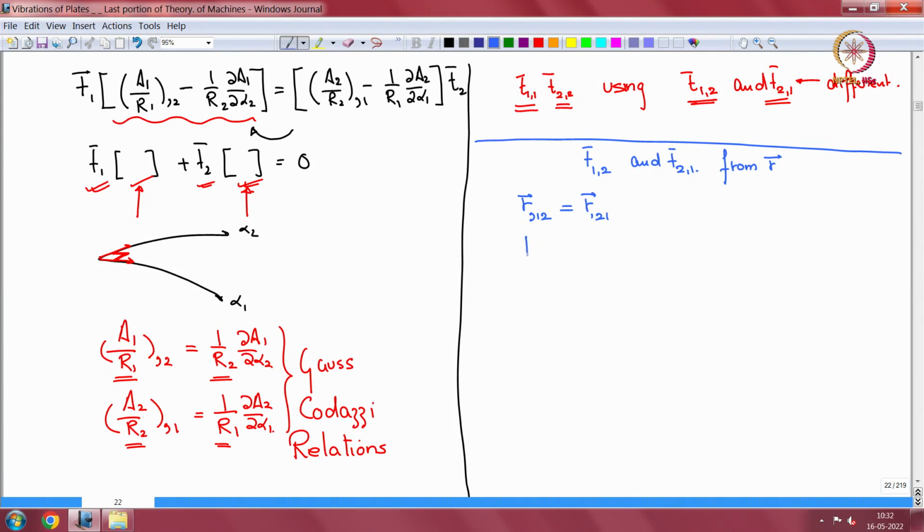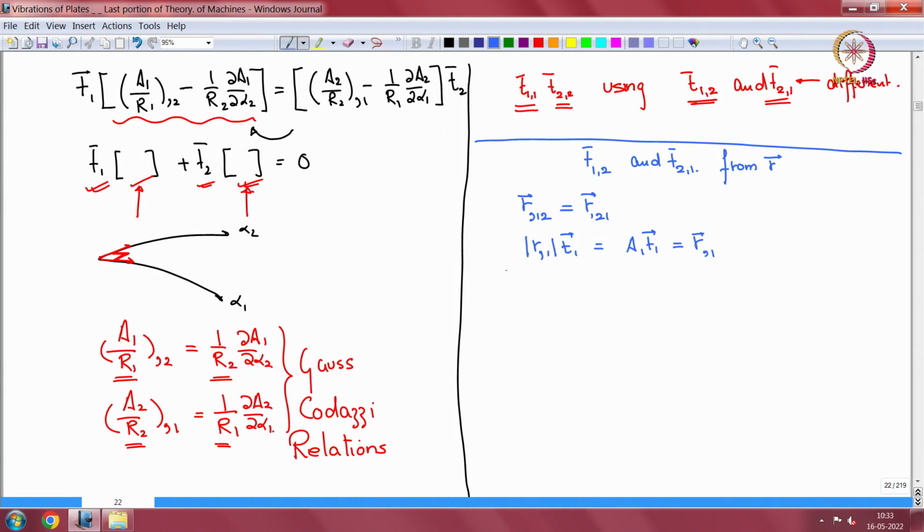And we know that R,1 is equal to A1 T1, which is the vector R,1.